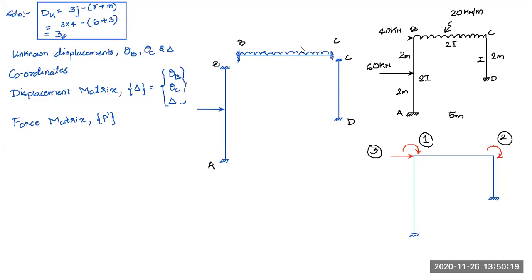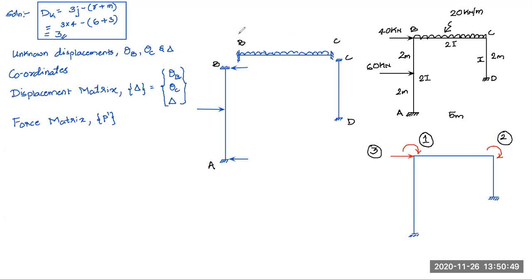So what is P1 dash? It is the moment in the first coordinate, because the first coordinate corresponds to the rotation here. The second coordinate also corresponds to rotation. So I want to know what moment is there in the first and second coordinate due to the loads which are present on the member here.